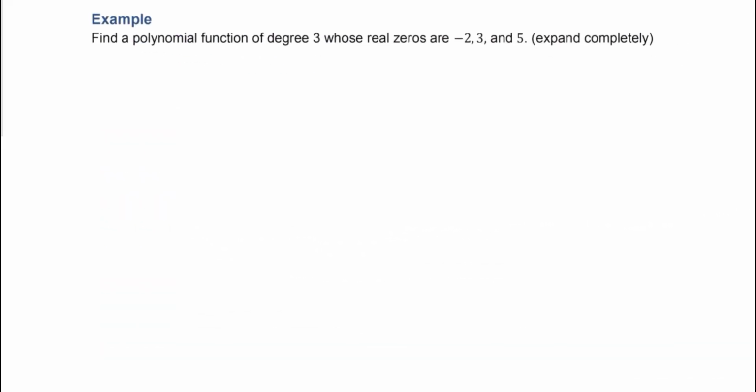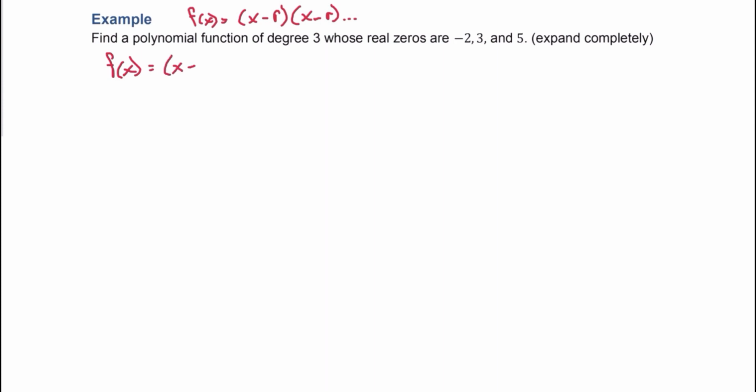Find a polynomial function of degree 3 whose real zeros are -2, 3, and 5. We're going to use the factored form f of x equals x minus r times x minus r, and so on for each 0. So we have f of x equals x minus the first 0.